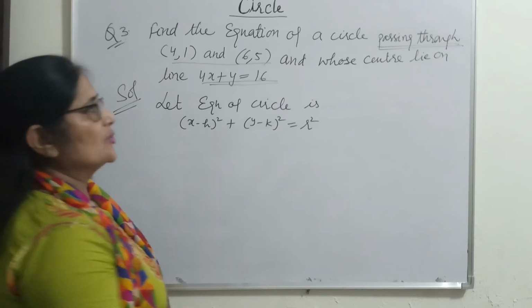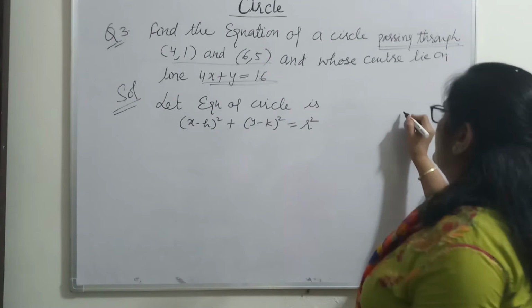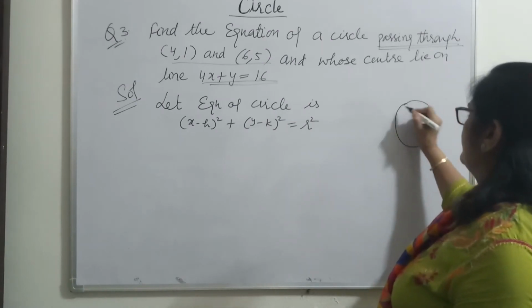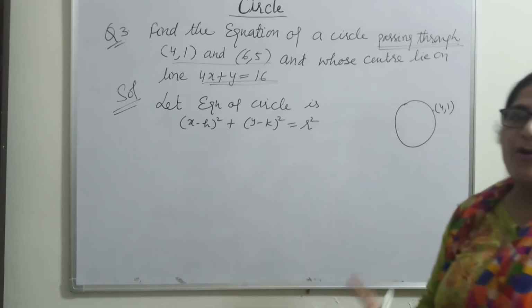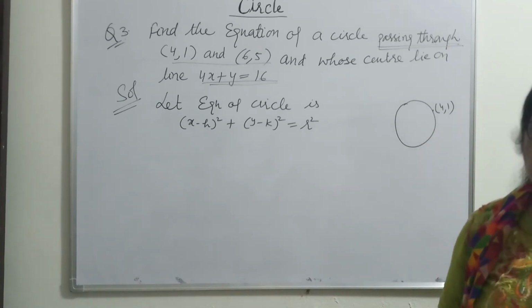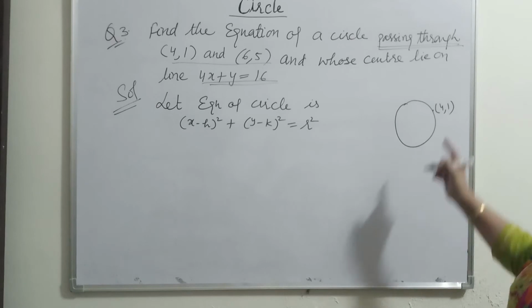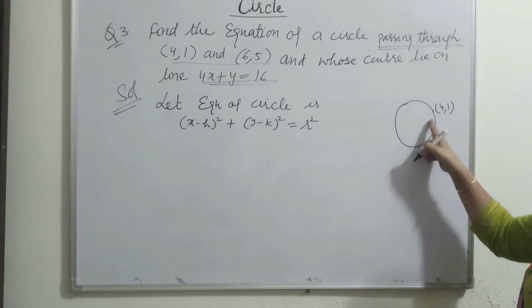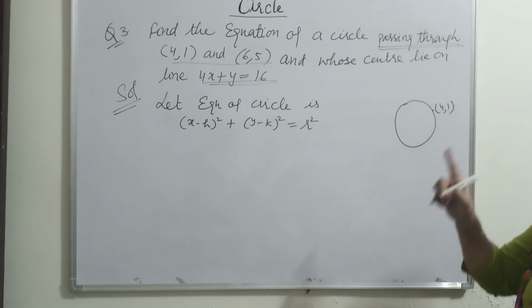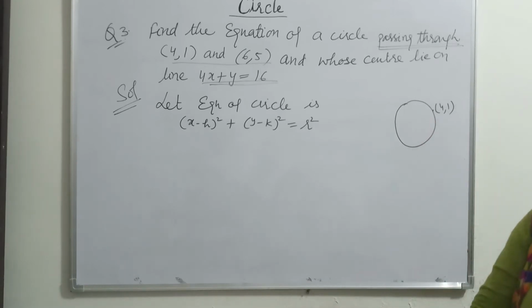The circle is passing through the point (4, 1). What does it mean? It means (4, 1) lies on the circle. If a point lies on the circle, its coordinates satisfy the equation of the circle.